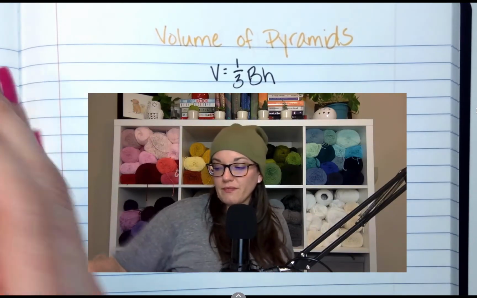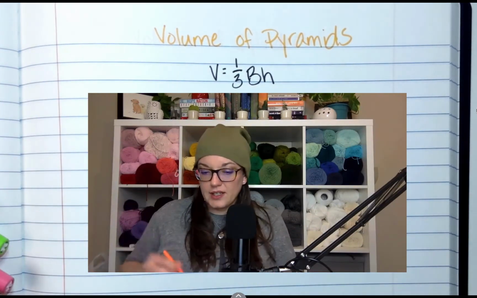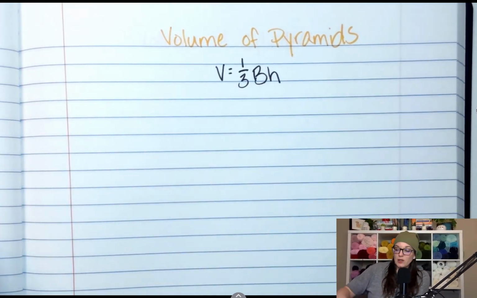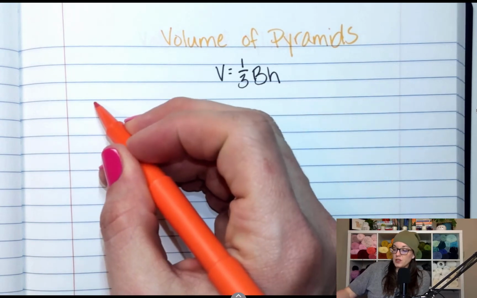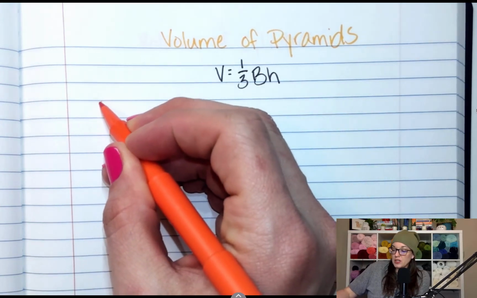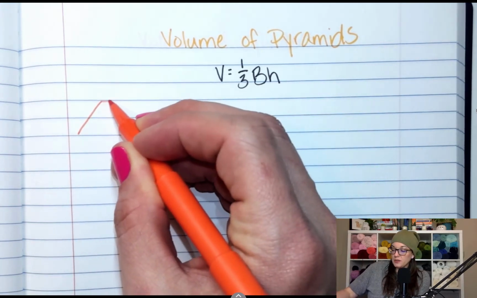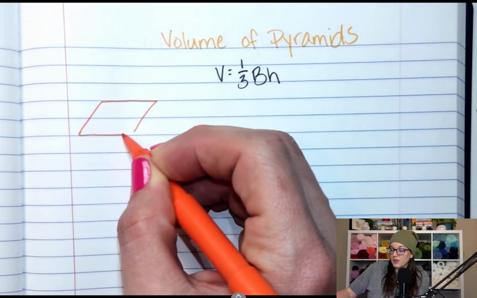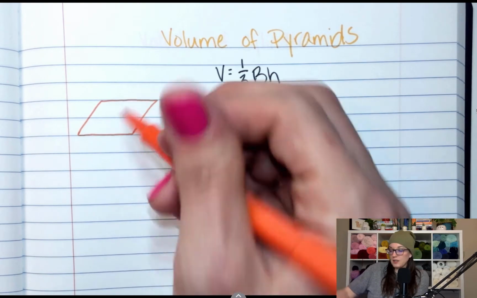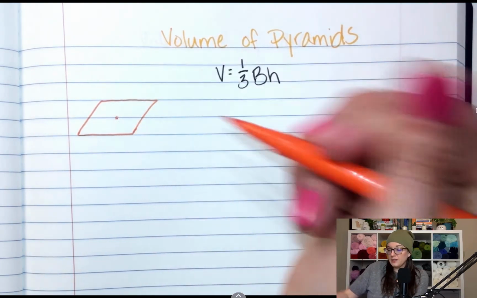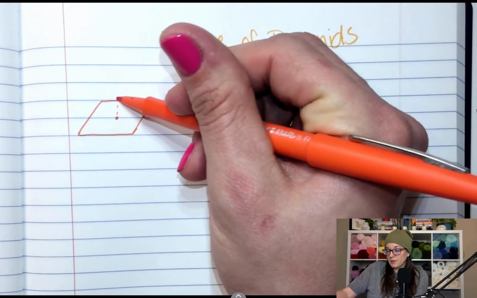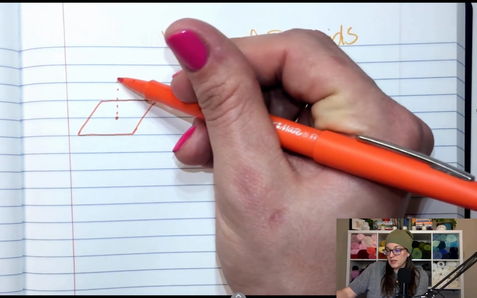So let's go on. We're going to look at the rectangular pyramid first. We're going to draw kind of a parallelogram, which is like a rectangle that's kind of slanty. Find the middle, put a dot. Draw a dotted line straight up, as tall as you want it to be.